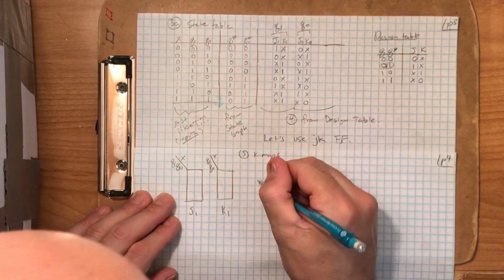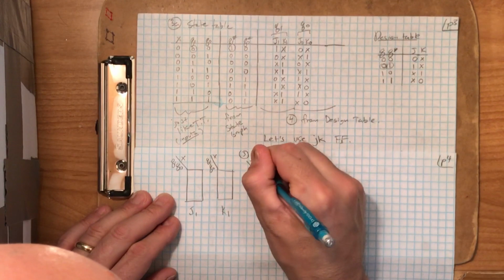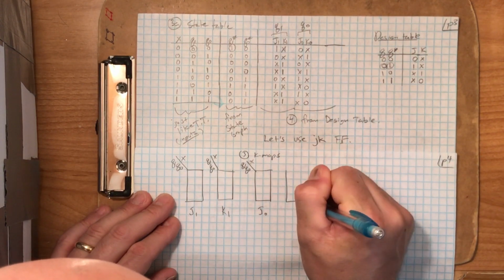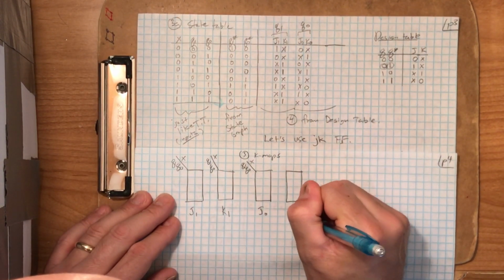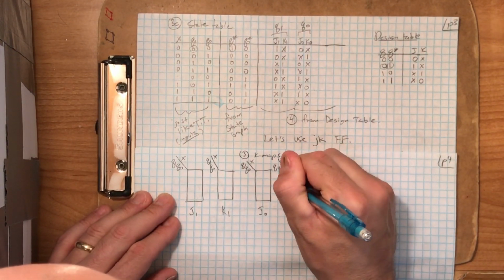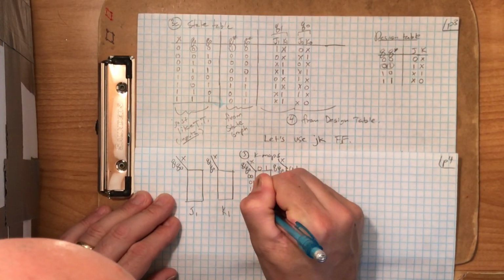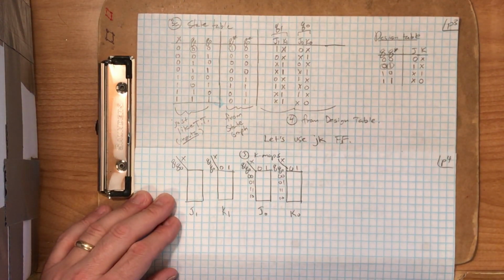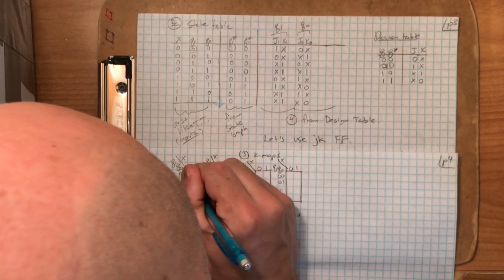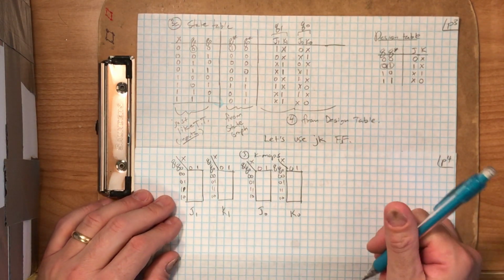Here's K1. This will be J0. It is perhaps a bit tedious to fill all these in.